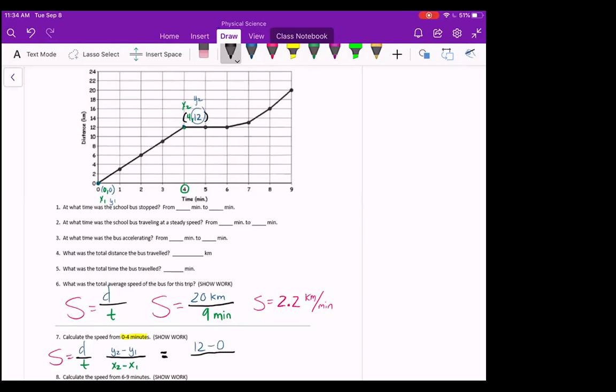All right, what'd you guys get for X2? 4. And X1? 0. Very nice. 12 minus 0 is still 12. 4 minus 0 is still 4. So my speed here is 3, and this was still kilometers per minute.